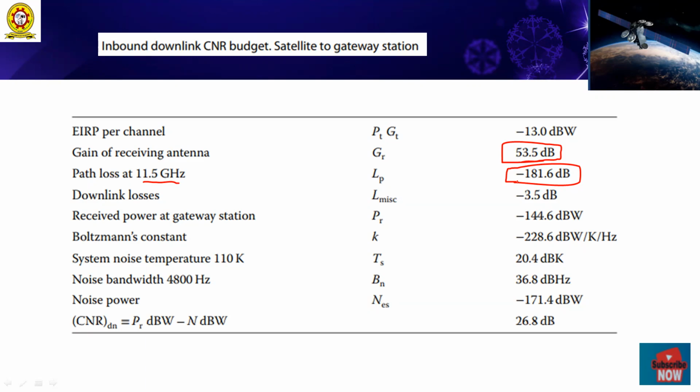Let us continue with this downlink station. That station may have an outbound link, and it may have a downlink C by N budget. Suppose with this 30 dB, what is the effect on the carrier to noise? That is to evaluate the inbound uplink, because we have a very high gain gateway station antenna.